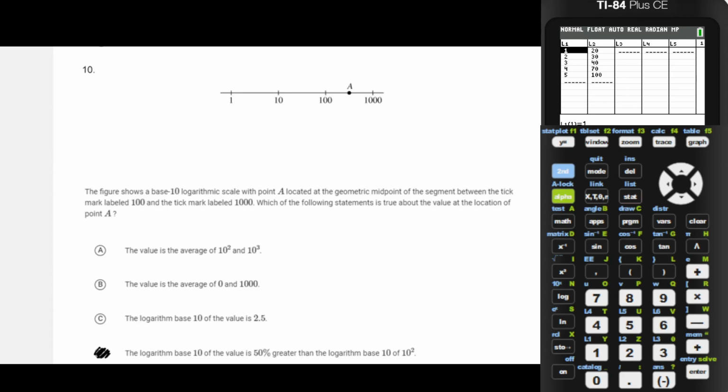I know that one's right. Wait, I feel like C also looks right. The value is definitely not the average of 0 and 1,000. That's 500, we know that, and I don't think that's the case. The value is the average of 100 and 1,000.